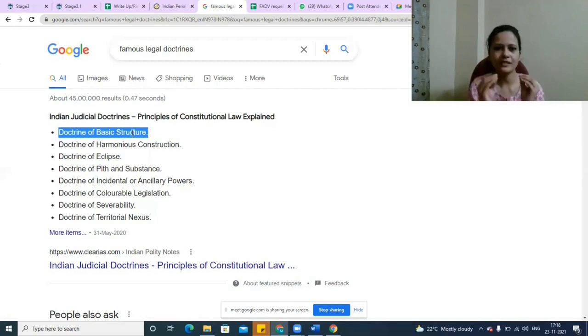Basic structure of the constitution as in certain very basic things, like you said, sovereignty, providing for fundamental rights, then supremacy of constitution.